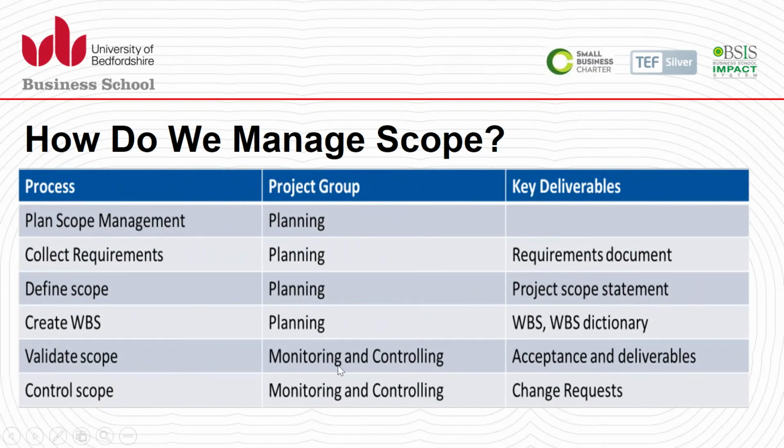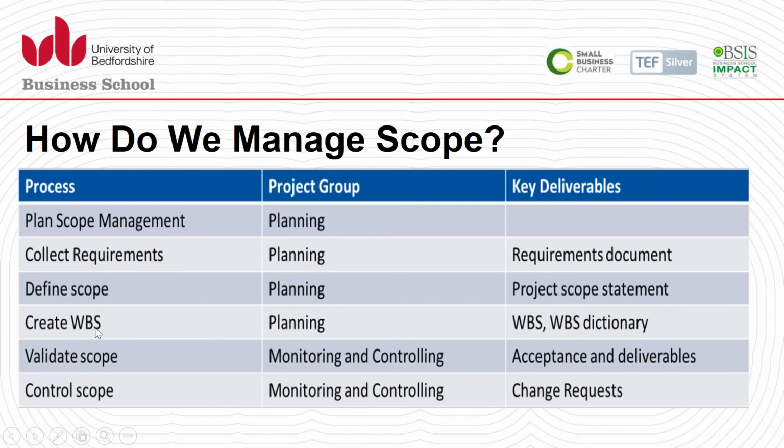So we can see in this table how we manage scope. There are these important steps, 6 steps with 5 important elements. We need to plan the scope, and then of course there are the 5 activities we have to perform in planning the scope management. We need to collect the requirements, define the scope, create the work breakdown structure, validate the scope, and then control.